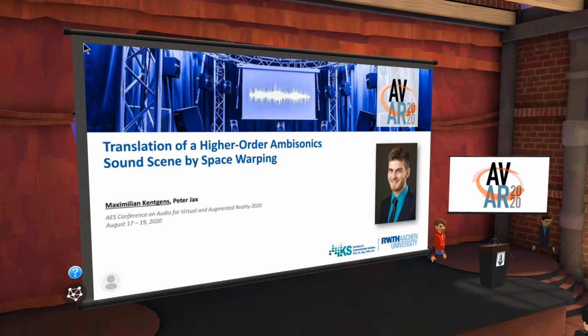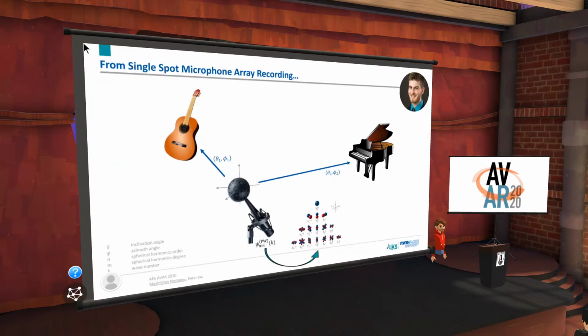Thank you very much, Peter Jax. Hello everyone, and welcome to my talk. I'm very delighted to give this talk on translation of a higher order ambisonic sound scene by space warping today. I hope you can see my slides.